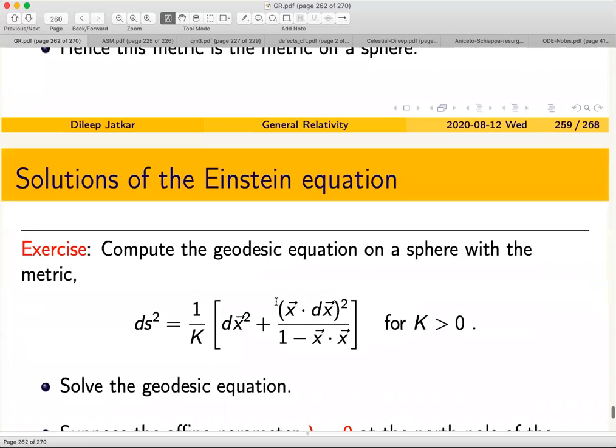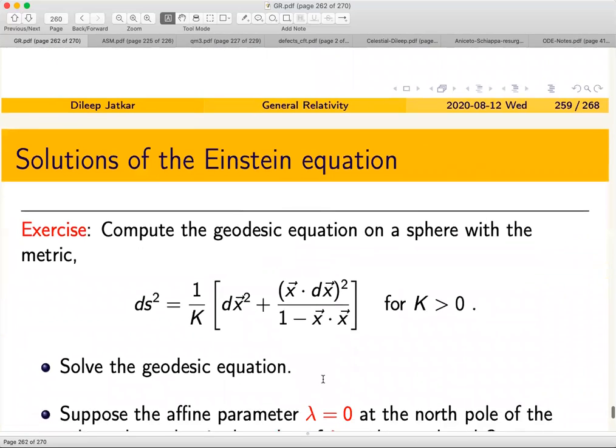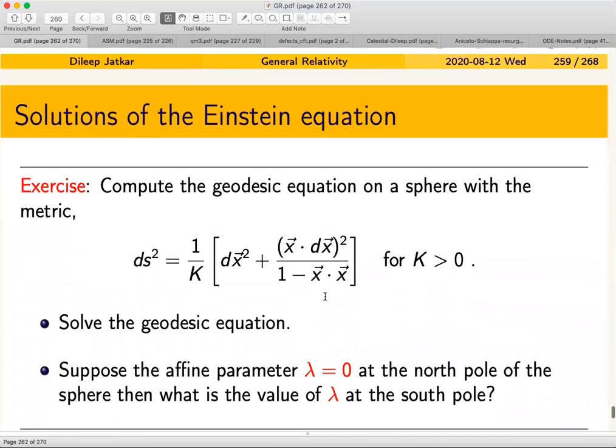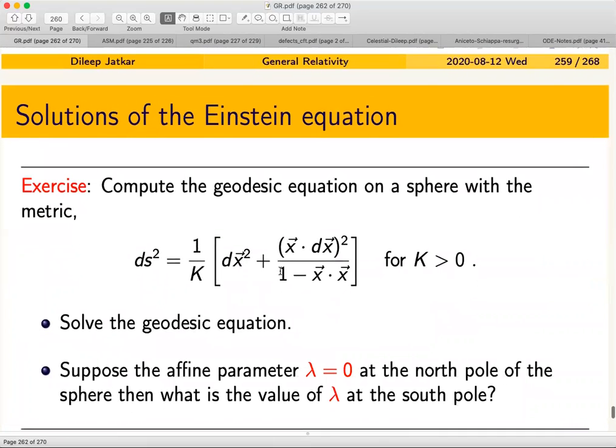So here's an exercise. This is a metric on the sphere now, which I have just argued. Take this metric, write down the geodesic equation, and once you write down the geodesic equation, try solving it. Now the sphere is not a very difficult space, right?